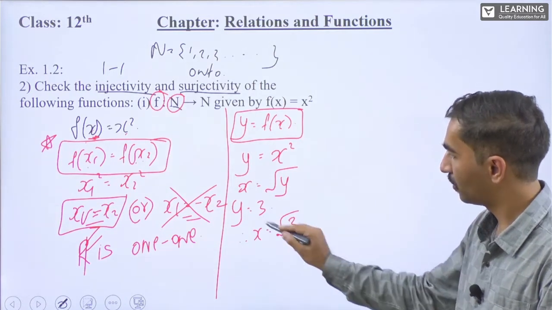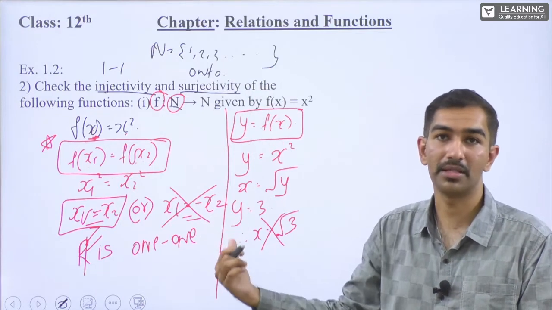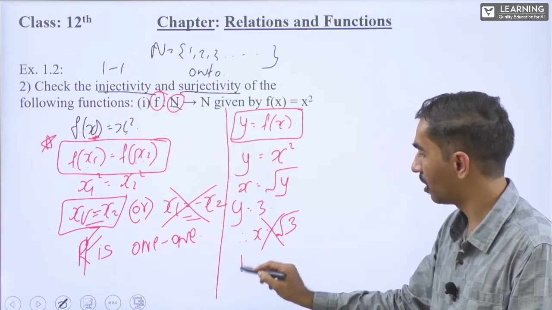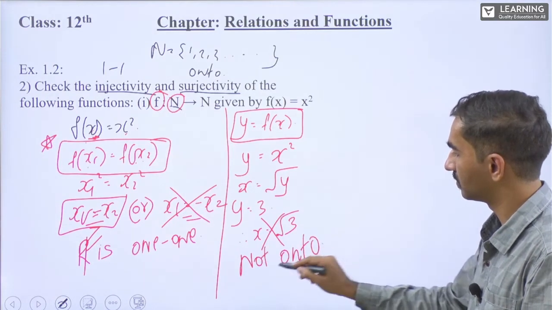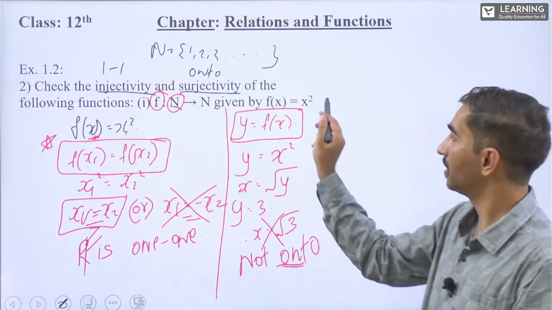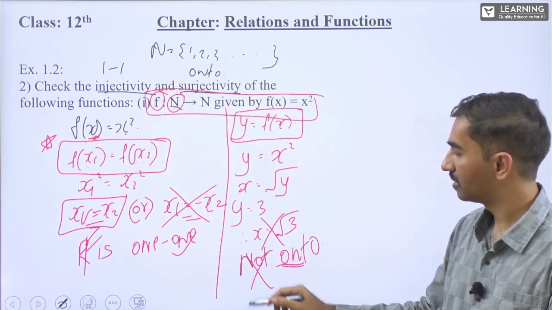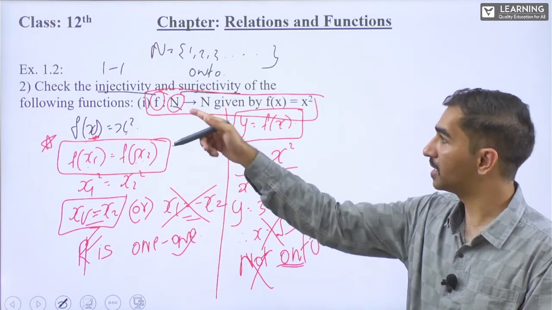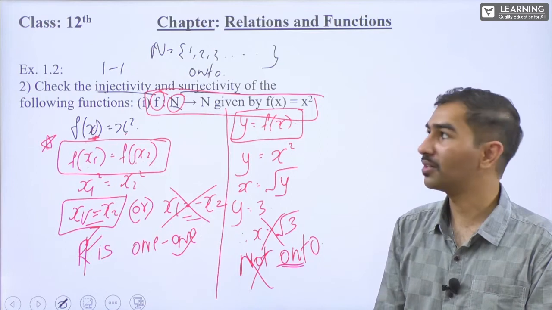So this is again not a natural number. These are natural numbers 1, 2, 3. There are no irrational numbers in natural numbers. So the function is not onto. So this function given here is 1, 1, but it is not onto, meaning it is injective but not surjective in nature. Okay, moving on to the next question.